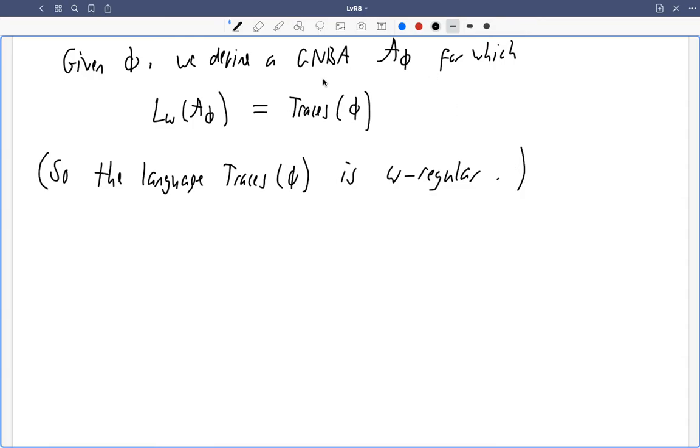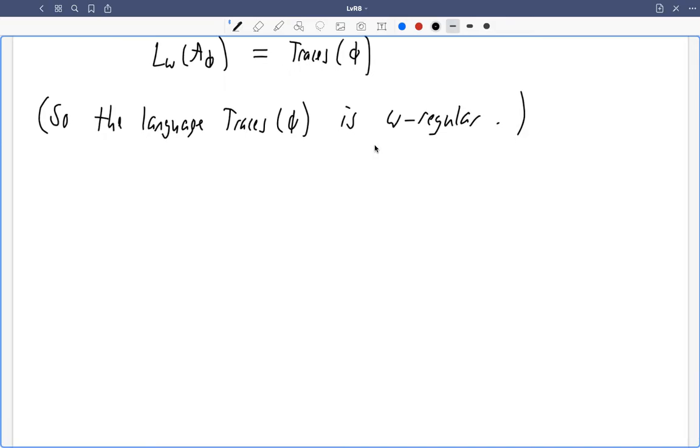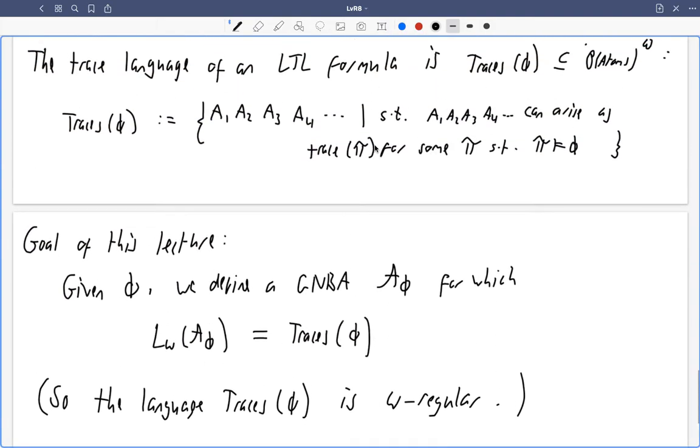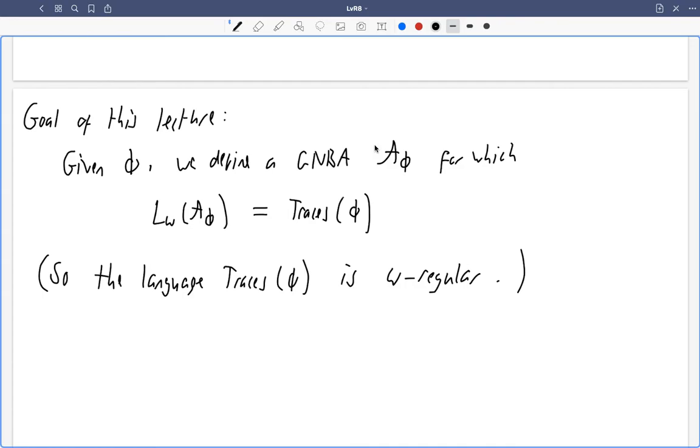For convenience, we use a generalized one, but of course we could, by our earlier proposition, convert it to an ordinary non-deterministic Buchi automaton.